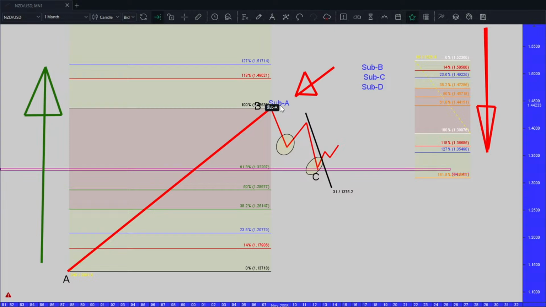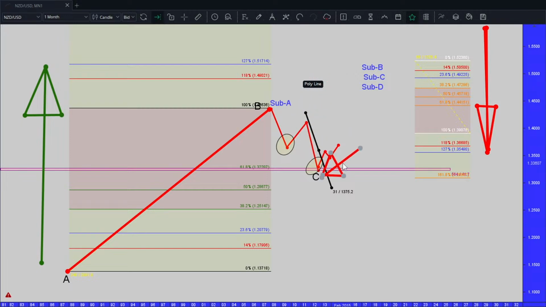So what is the sub A? Sub A is the first high, the highest high, the starting point of something. Make sense, everybody? When you're looking at the sequence, when you're looking at price action. So far the high is the highest high in a down sequence, the first high of a down sequence.